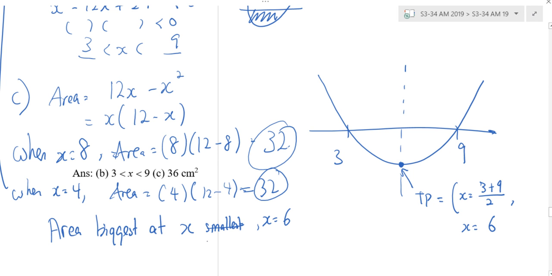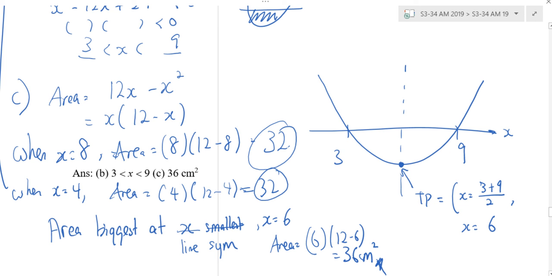The line of symmetry, correct or not? Yes, the turning point, the line of symmetry. Agree so far? So when x is 6, can we calculate the area first? Area equals what? 6 times (12 minus 6) equals 36 meters squared.